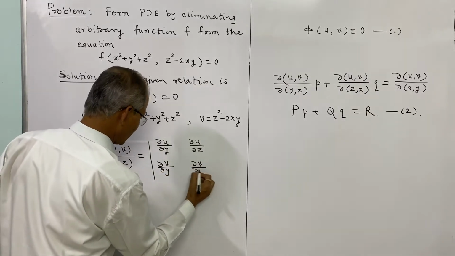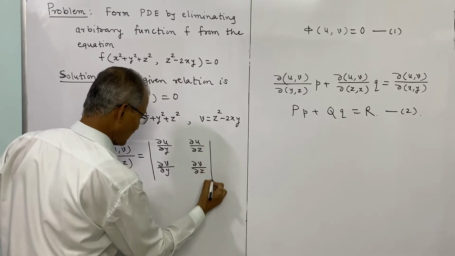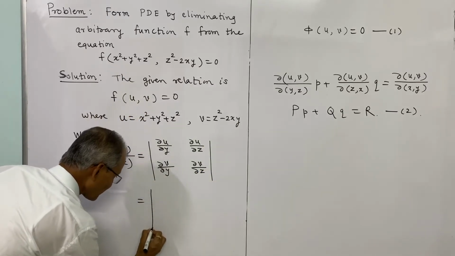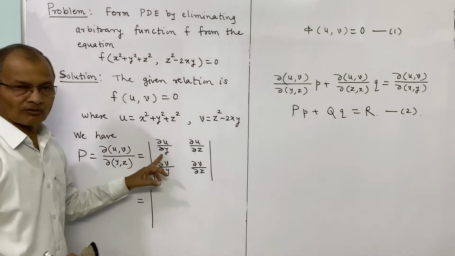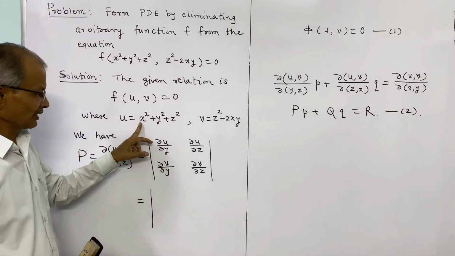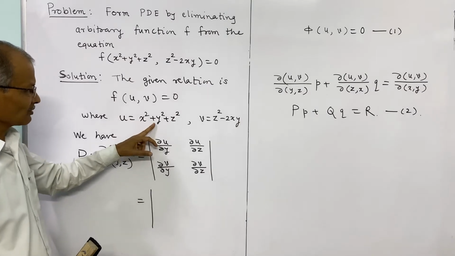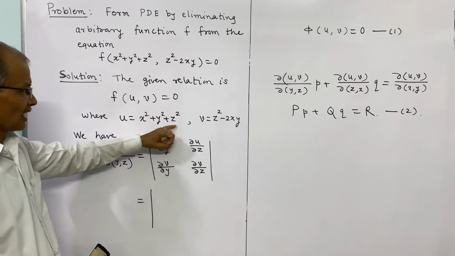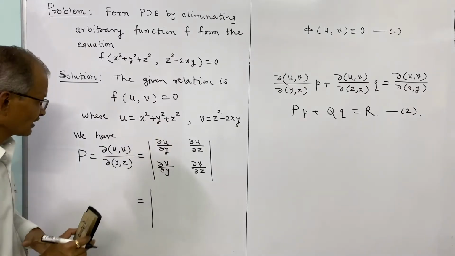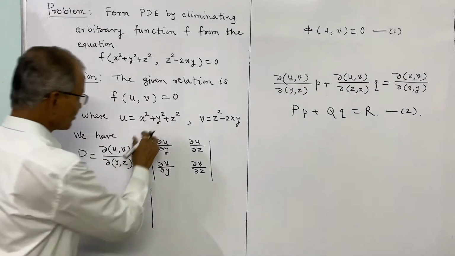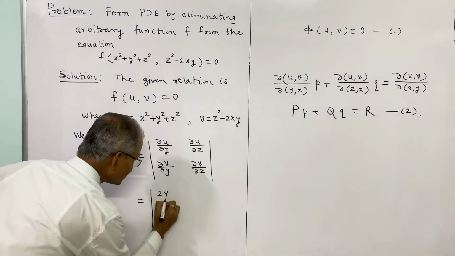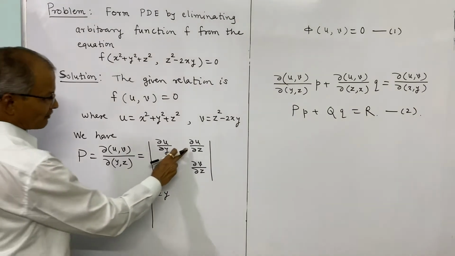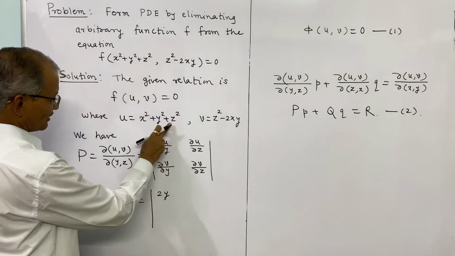These we can calculate: the partial derivative of u with respect to y. u is this function, so the partial derivative is only 2y, since x and z are to be considered as constants. And next, the partial derivative of u with respect to z is 2z.